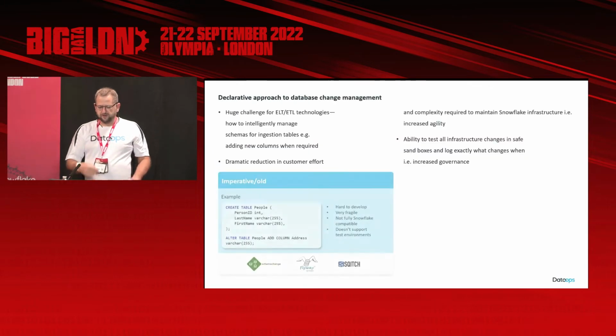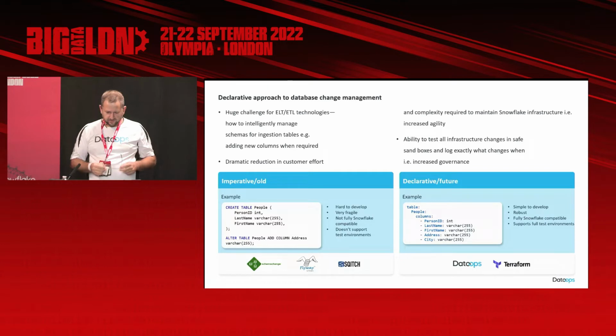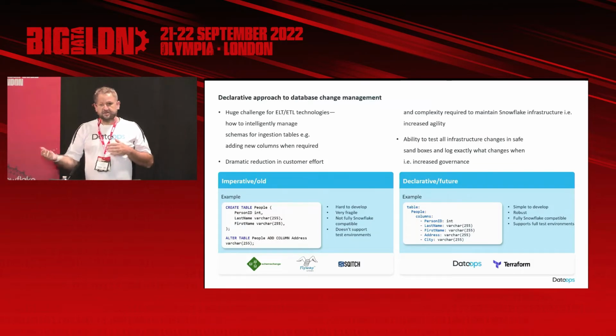So if we peel back the layers a little bit, what's actually happening here? You have essentially a compiler that figures out all of the changes that need to be made. It does that by checking the state of the database at any point in time.